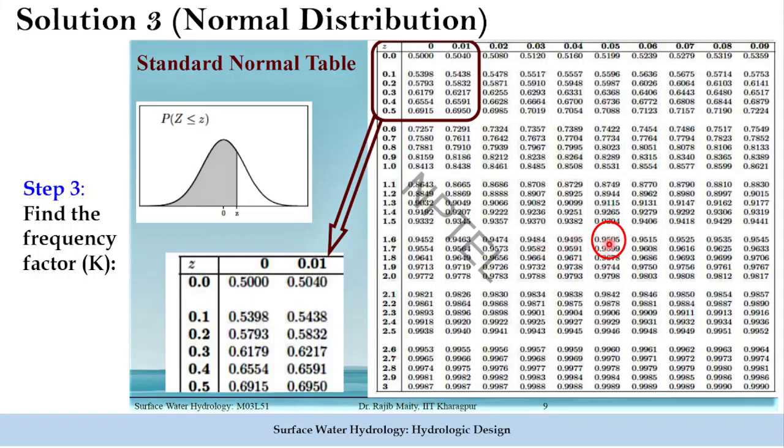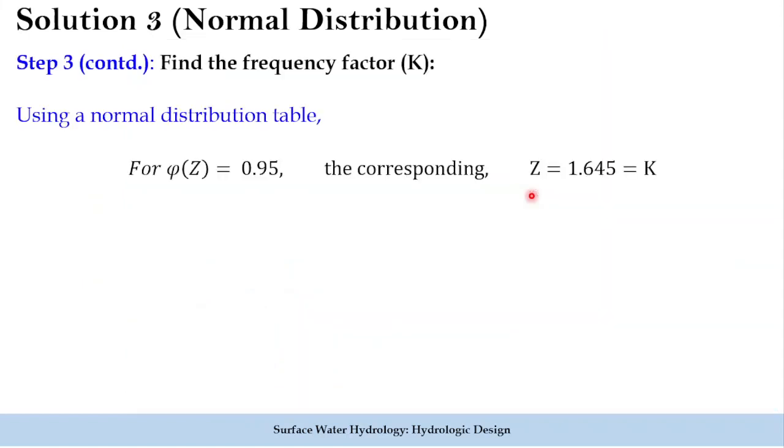So our value is between these two columns. So the value of K will be 1.645. So this is what has been shown here, that from the normal distribution table, the corresponding value, that is Z, which is frequency factor K, is 1.645.